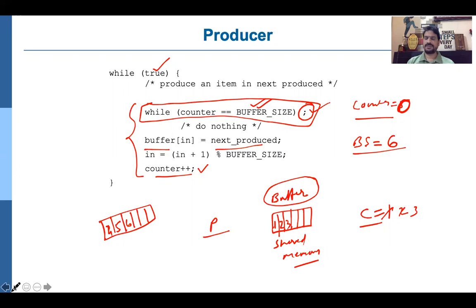In the same way, if processes want to communicate with each other, they should have some sort of synchronization, so that if one is sending, the other has to receive, or if one is producing, another has to consume. That concept we'll see in the next class. The concept is process synchronization.